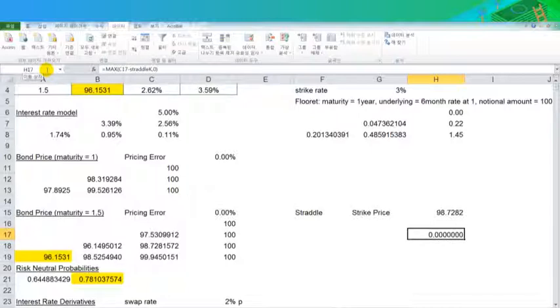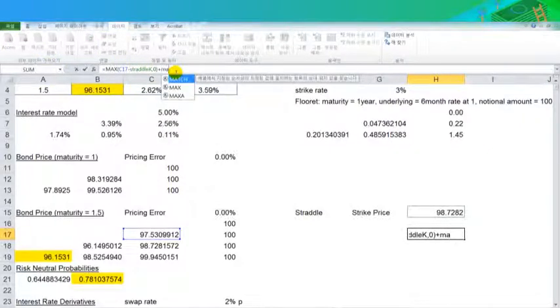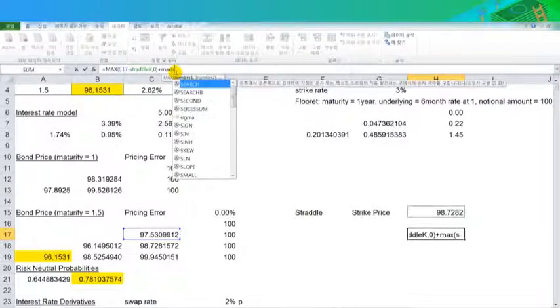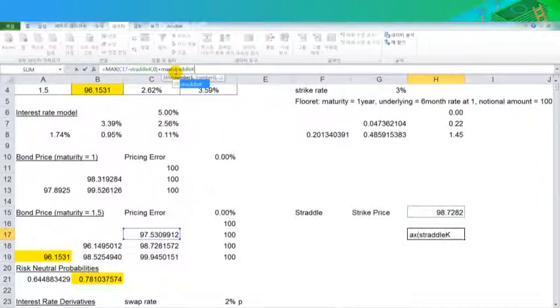It is call option part. Well, strike price is higher than market price, so call option value is 0. But it means that there is a put option value. So straddle, so we add put option. So max, now straddle K minus this bond price and 0.